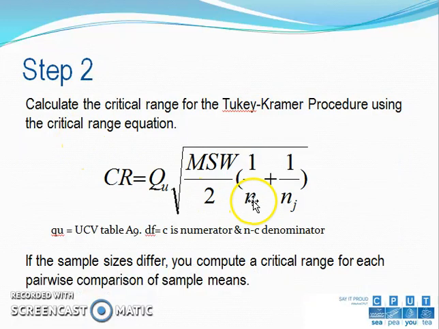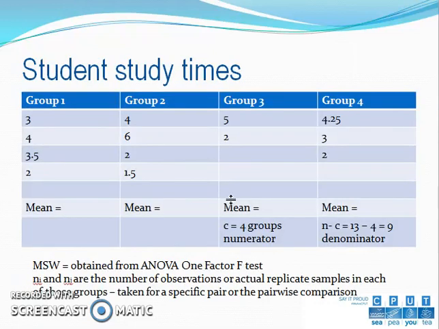So if I'm comparing group 1 to group 2, then I look at the number of observations in group 1 and the number of observations in group 2. Now, if I have a nice simple example where the sizes of the groups are all the same, then that's nice and easy, because then I'll have the same critical value for each pairwise comparison.